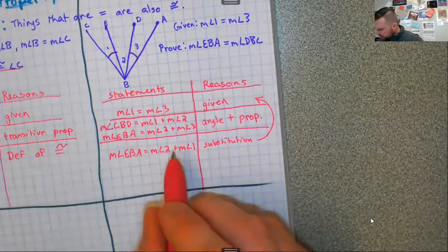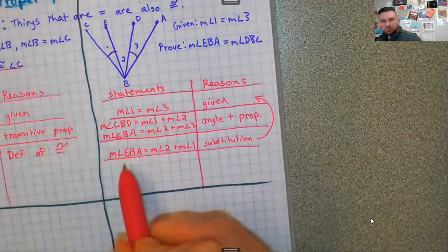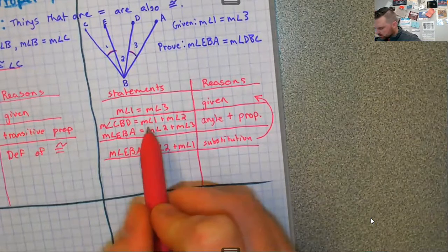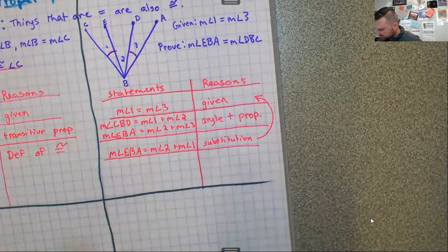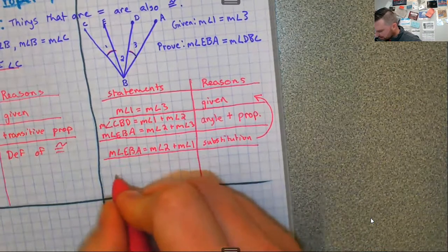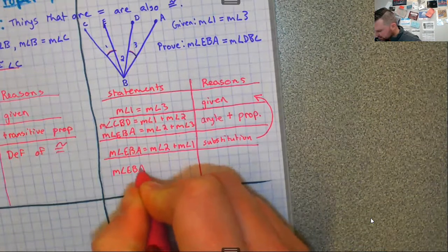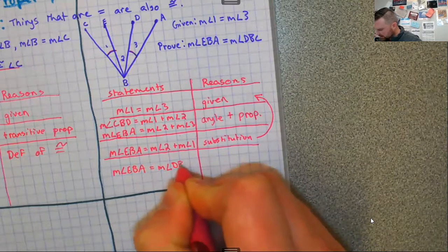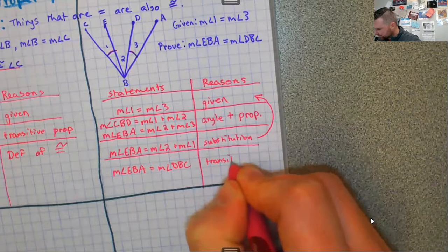Okay. So now EBA equals 1 and 2. And 1 and 2 equals the measure of CBD. So I can use that transitive property again and say that the measure of angle EBA is equal to the measure of angle DBC, and that is the transitive property.